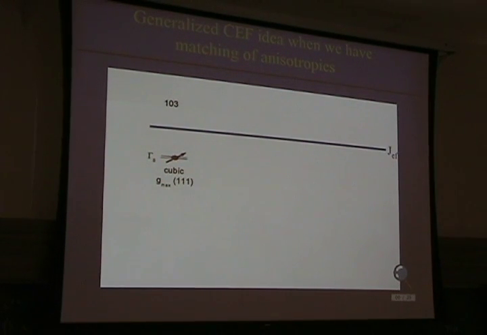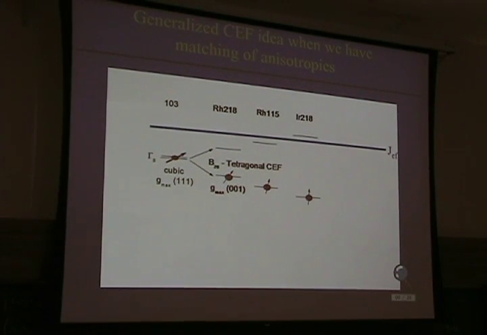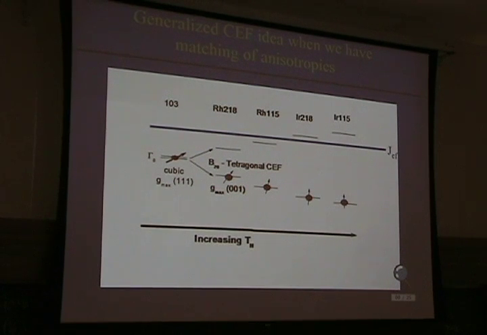Let's try to understand how the crystal field can induce an enhancement of T-Néel by a picture argument. You have your crystal field parameters, the cubic ones and the tetragonal ones, with the second order one being 0 for the cubic compound. So let's assume you have the cubic compound. It has an easy axis that goes along one direction, determined by the 4th order and 6th order cubic crystal field parameters. When you go to the tetragonal compound, you are introducing a tetragonal crystal field parameter that is going to change your wave function.